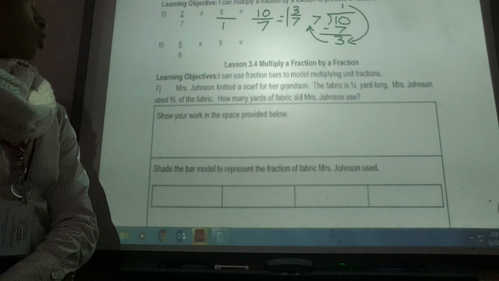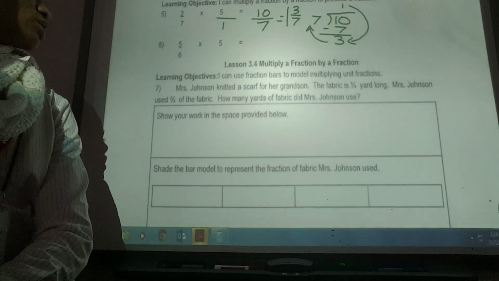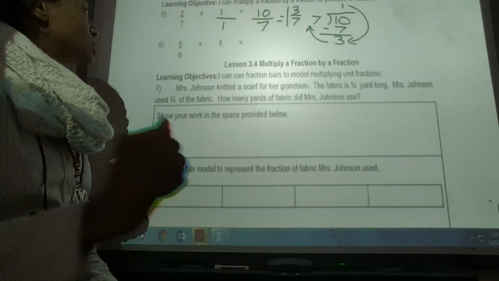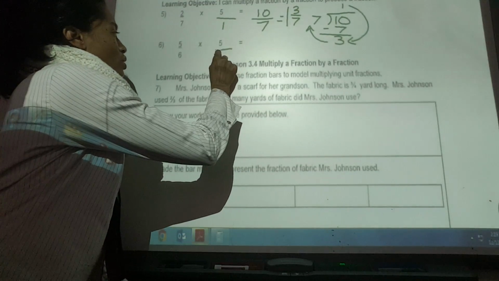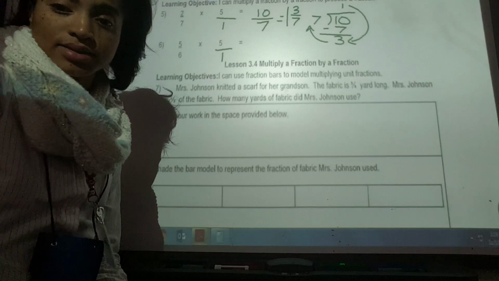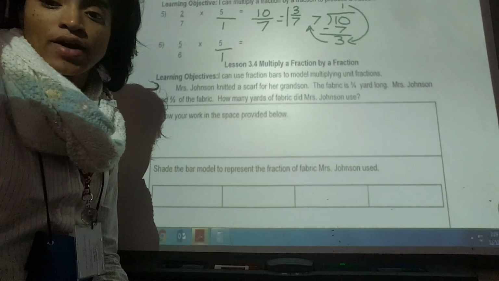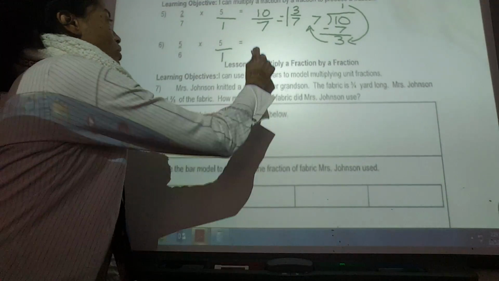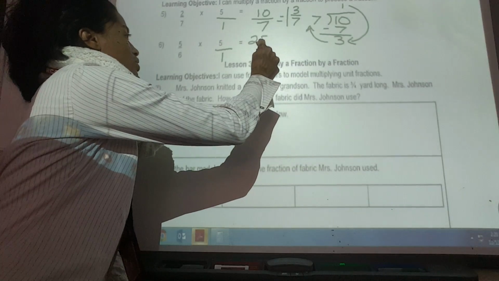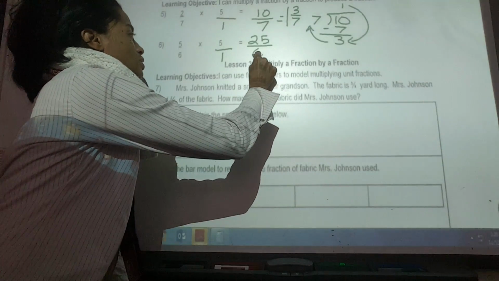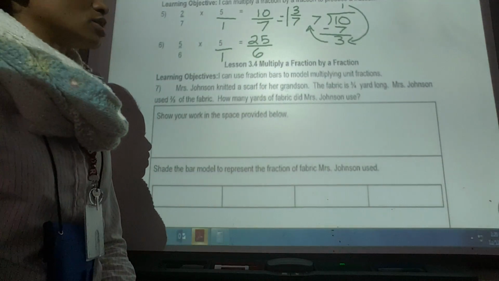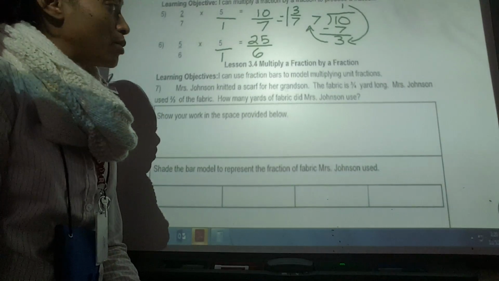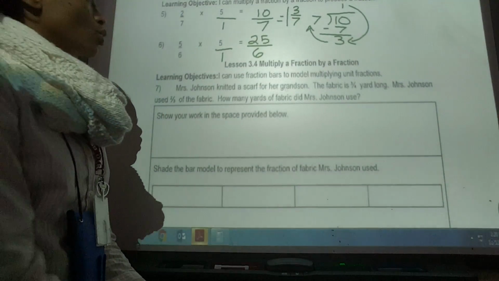All right, moving along, number 6. Number 6, we have 6 times 5, and we're going to take 5 and place it over what? 1. All right. Next step, we multiply the numerators, 5 and 5, and we get 25. And the denominator is 6 and 1, and we get 6. Okay? And since the numerator is larger than the denominator, we want to simplify.